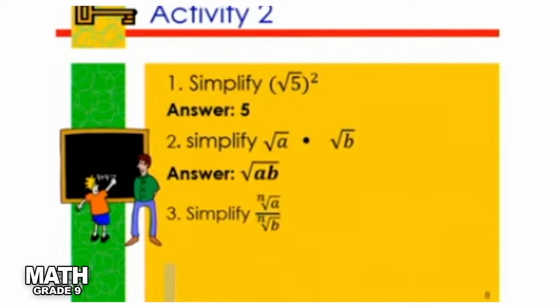Next, we have the nth root of A divided by the nth root of B. When simplified, it will be the nth root of A over B. Very good.